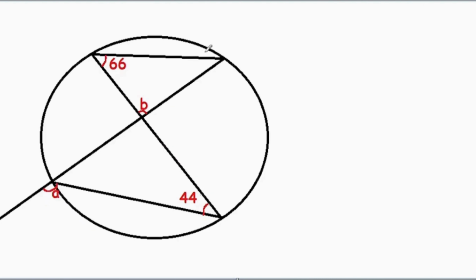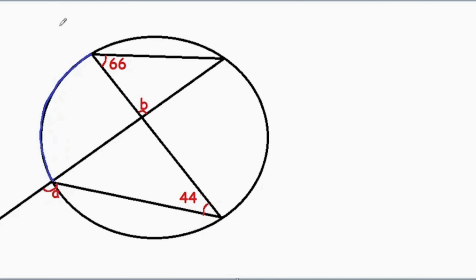In this example, we are going to look for the size of angle A and the size of angle B. So what I'm going to do is look for an arc that subtends angle 66 and angle 44. Let me focus on 44 first. Let me draw an arc that subtends angle 44.